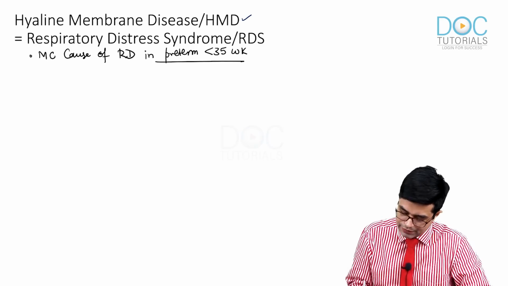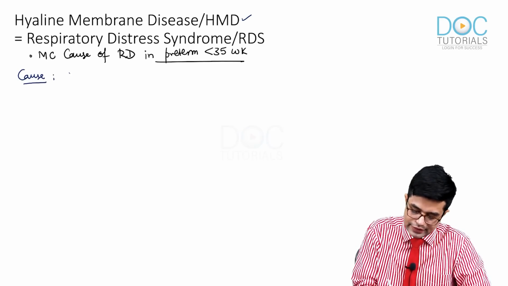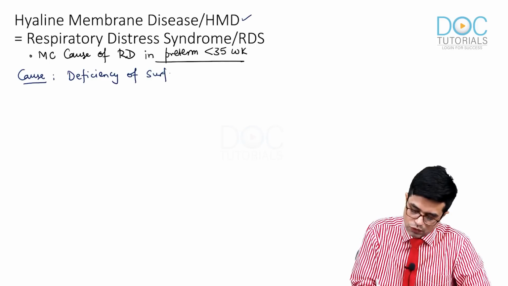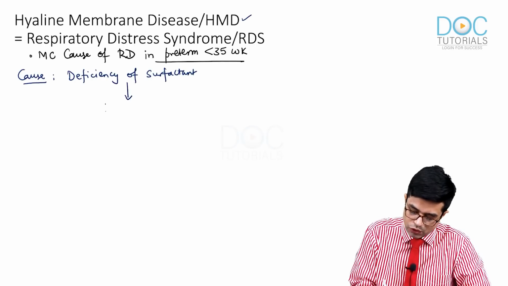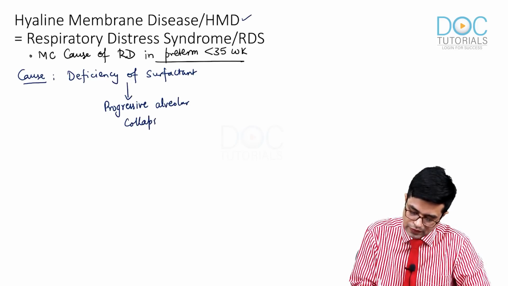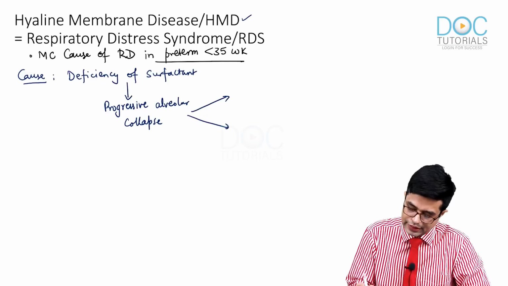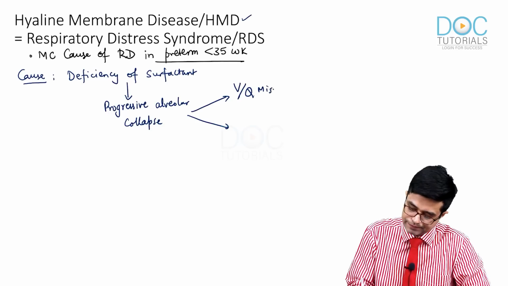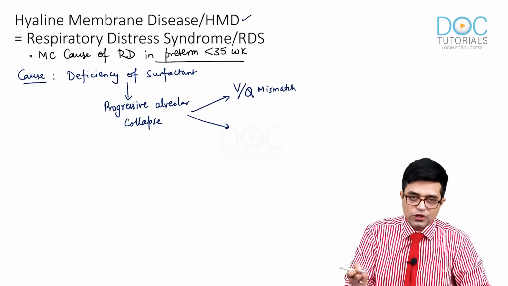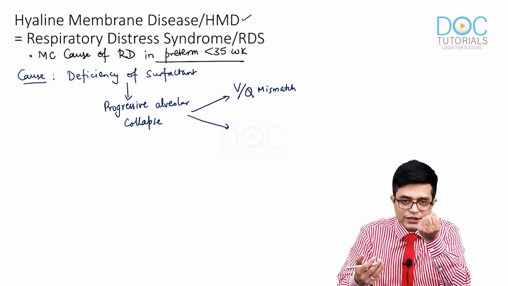What is the cause of HMD? It is deficiency of surfactant. What happens due to deficiency of surfactant? It produces progressive alveolar collapse, which causes 2 things. It causes ventilation perfusion mismatch. Perfusion is normal, but ventilation is not happening, as the alveolus has collapsed.